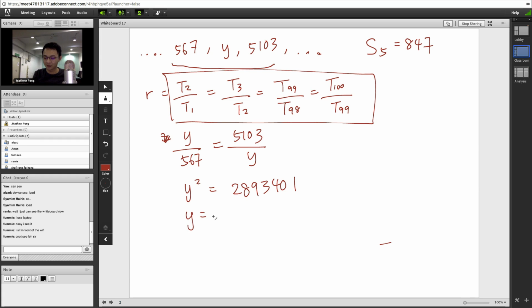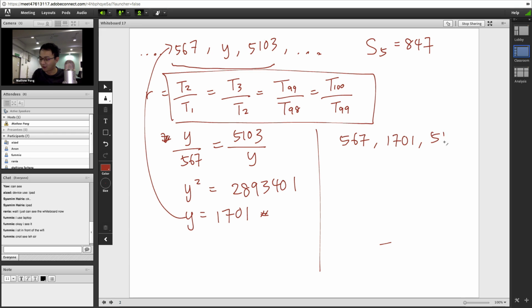And then you just square root the answer. You'll get 1701. Then what you do next is substitute the 1701 into the things given. You'll get 567, 1701, 5103.